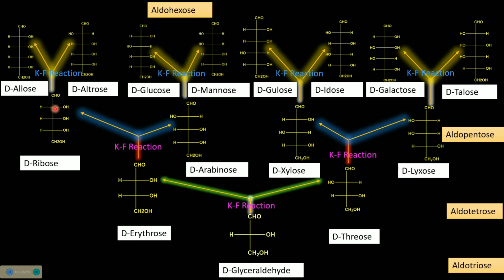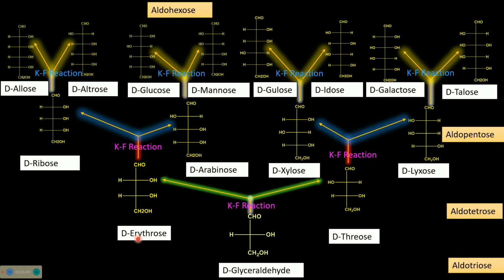Means if this chiral center configuration is D, then the other chiral center configuration should be L. So D-erythrose will give ribose and arabinose. This aldopentose is D-ribose, and this is D-arabinose.